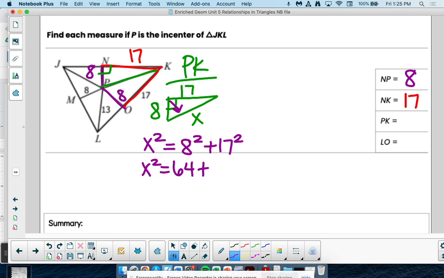17 times 17, 289, right? But 64 plus 289.